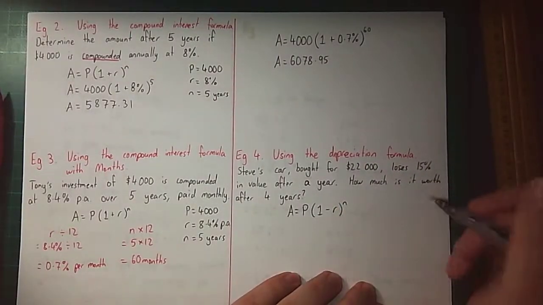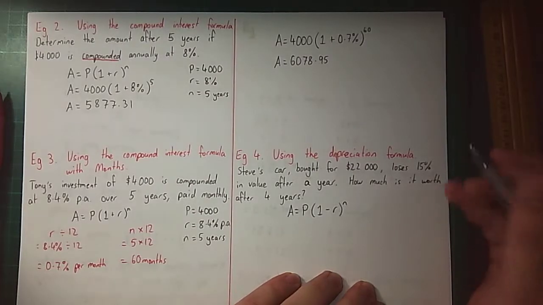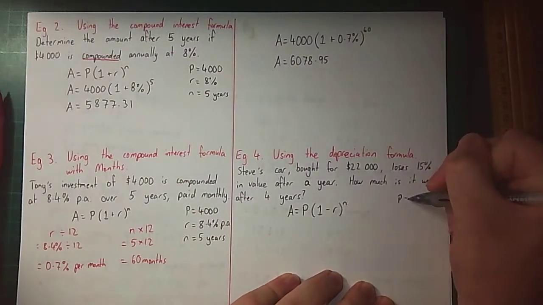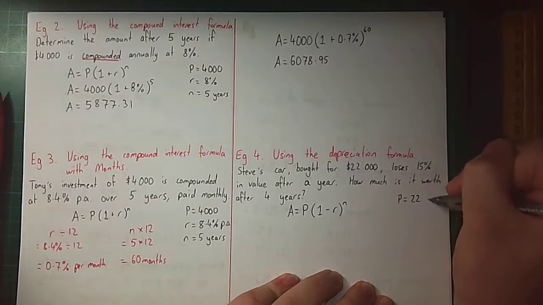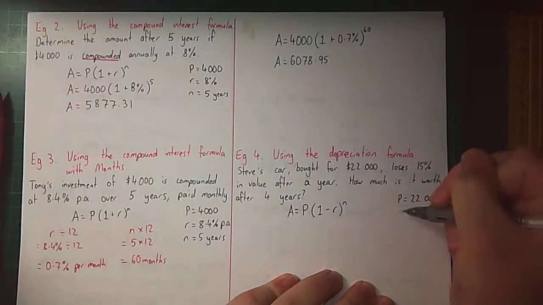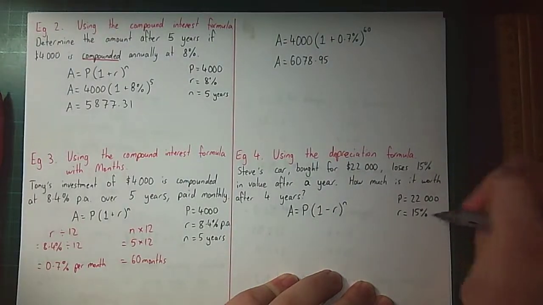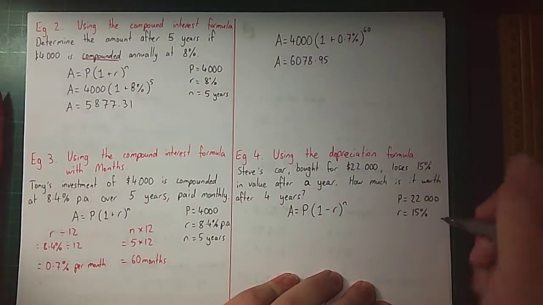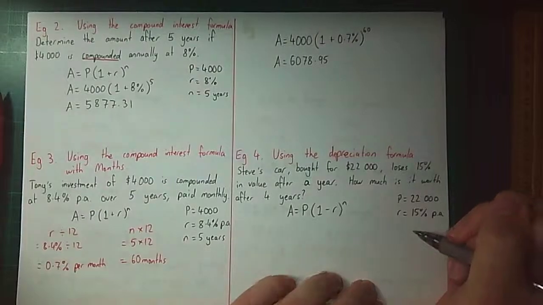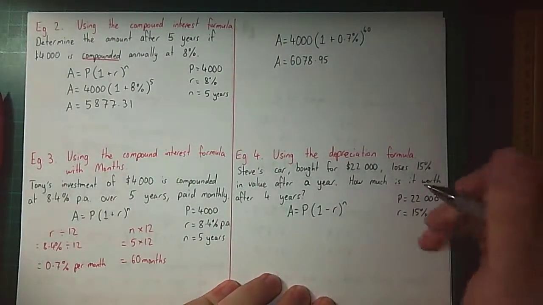And I'll write over here the information that we know. So we know that it started off at 22,000, that its rate is 15% per year, so that's PA. And our N we want to know after 4 years.